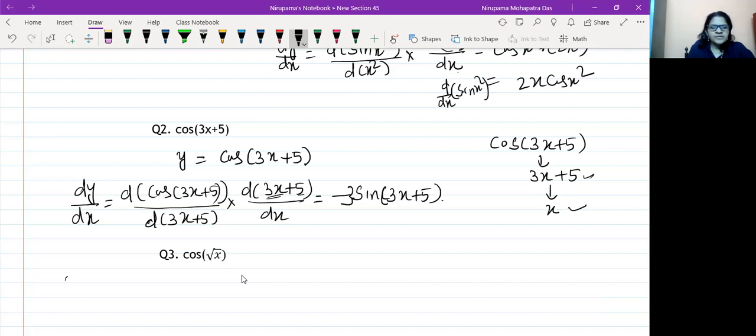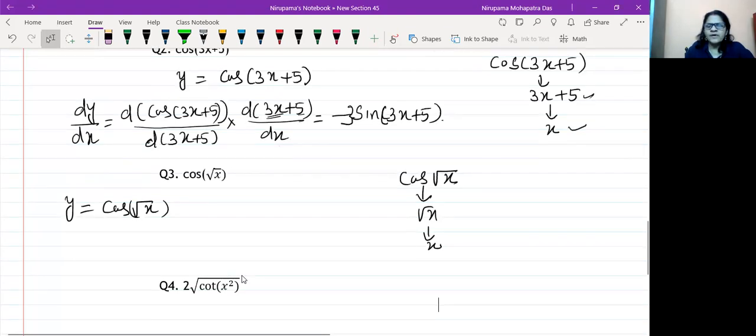Okay, next question, cos root x. Again the link is to be found: cos root x is a function of root x, which is a function of x. Okay, so this is the way we really have to identify. And again, this is the function with respect to that. That is the key.